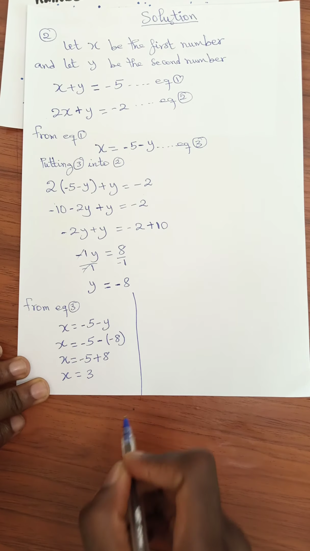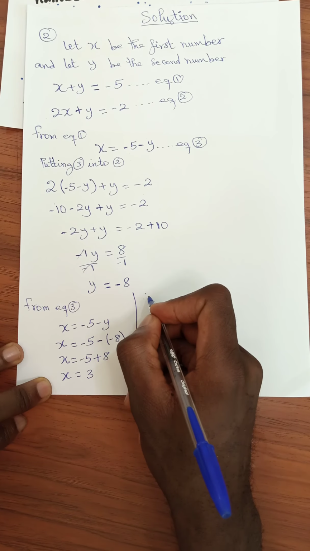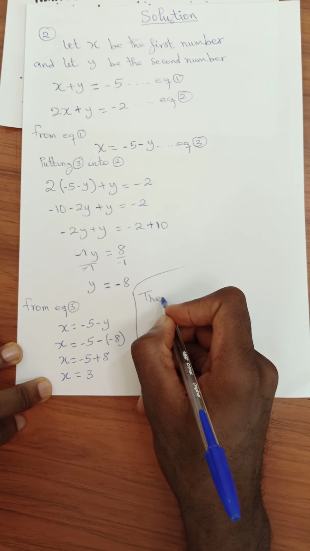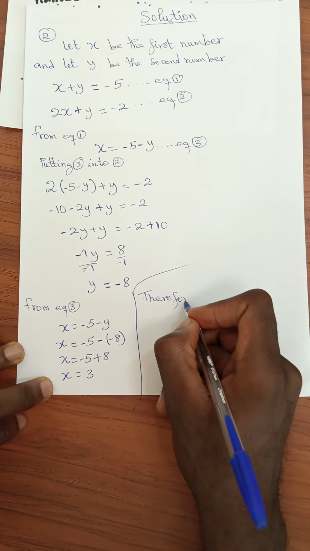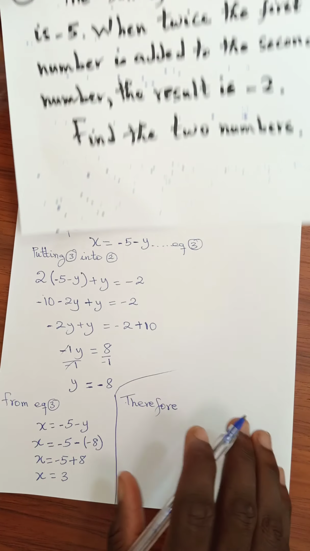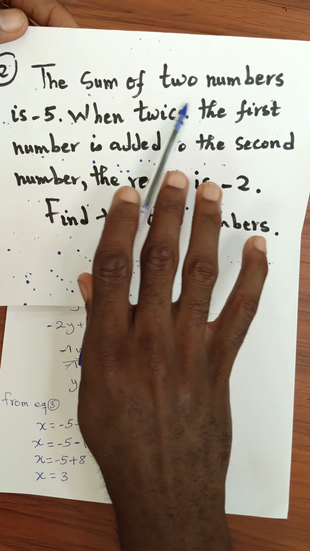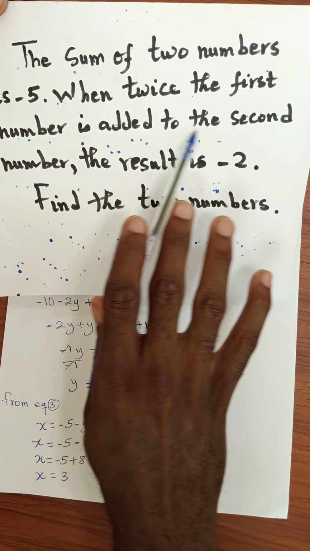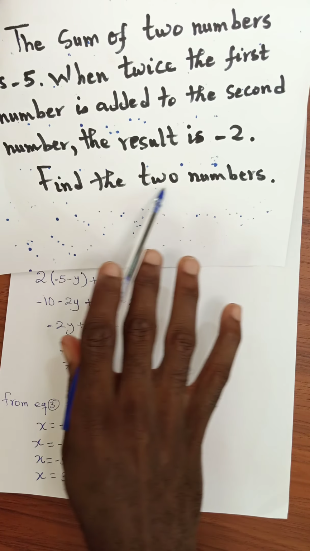So therefore, let's look at the question again. The sum of two numbers is negative 5. When twice the first number is added to the second number, the result is negative 2. Find the two numbers.